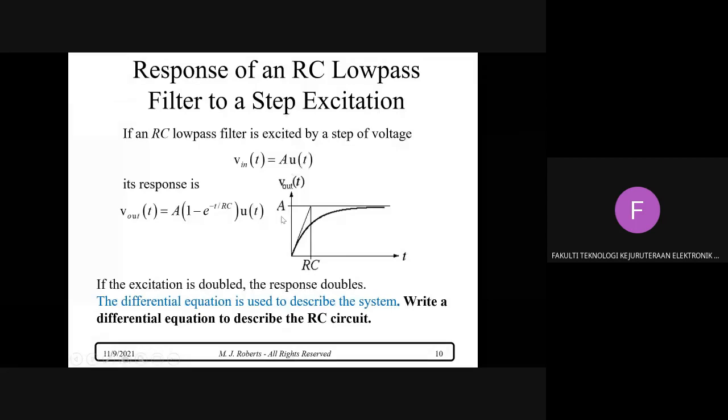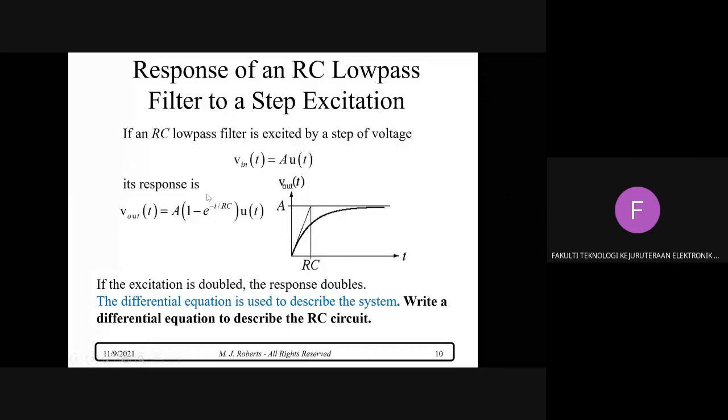So if V in is A u(t), u(t) is the unit step, right? And its response or output is A times 1 minus e to the negative t over RC, times u(t). So this is the output signal, okay?